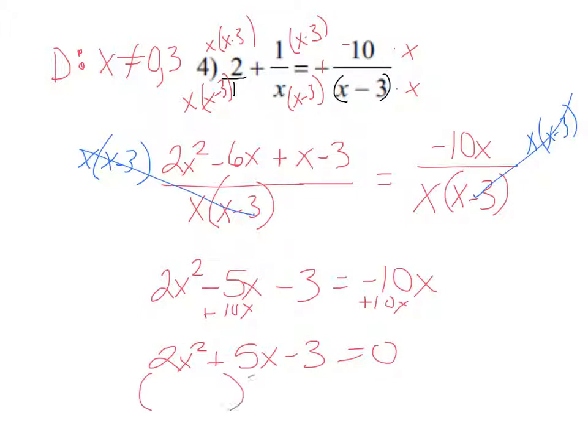And then factor. And then set each of those equal to 0. So 2x minus 1 equals 0, and x plus 3 equals 0.